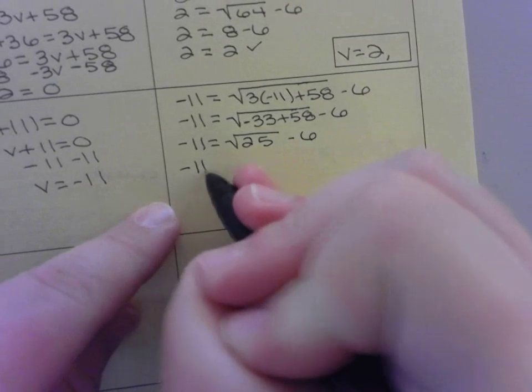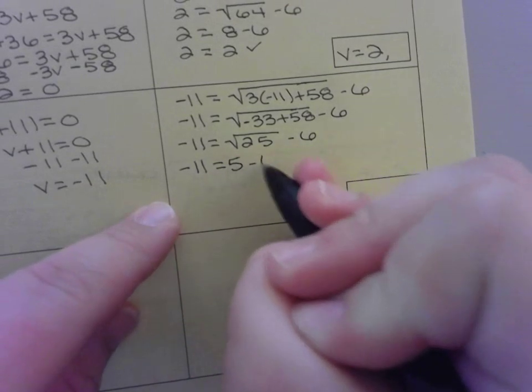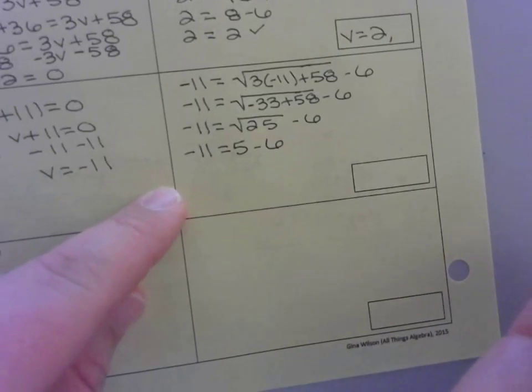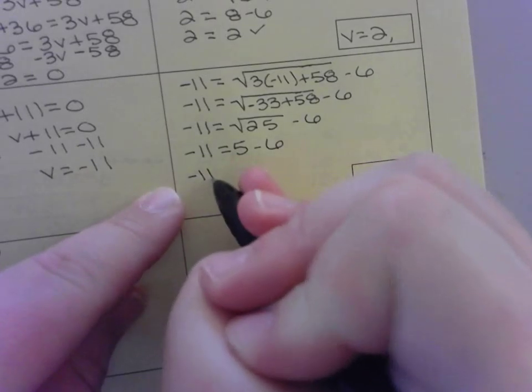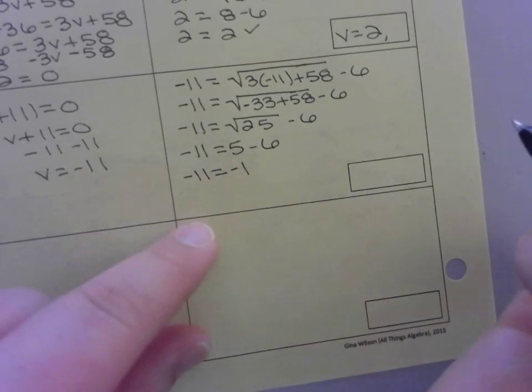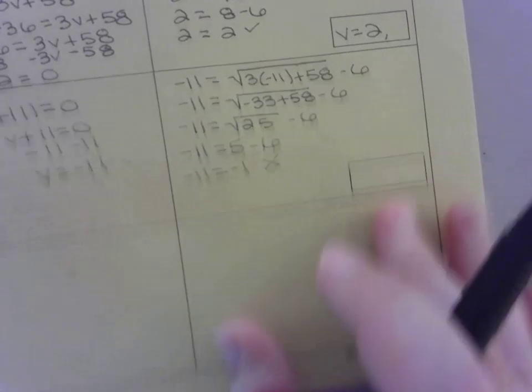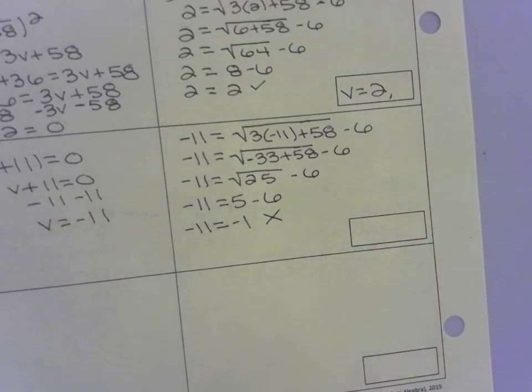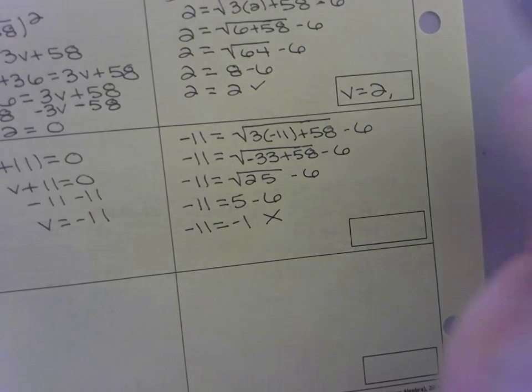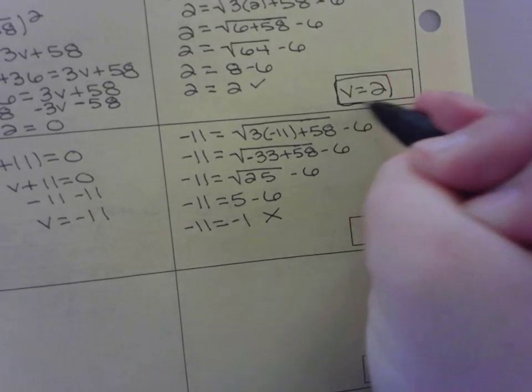Square root of 25 is 5. What's 5 minus 6? Does negative 11 equal negative 1? No. So negative 11 doesn't work. So sometimes one of them will work, but not both of them. So you have to check both of them. So your only answer is v equals 2.